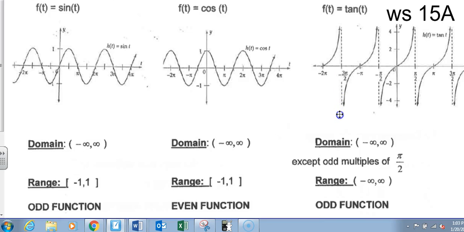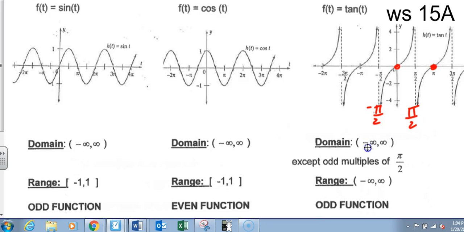If I were asking you to draw this on a homework assignment, you would need to label at least 2 asymptotes and at least 2 ordered pairs. So you could say it has an asymptote at negative pi over 2 and positive pi over 2. You could say it has a 0 at 0, 0 and a 0 at pi, 0, and that would be good.